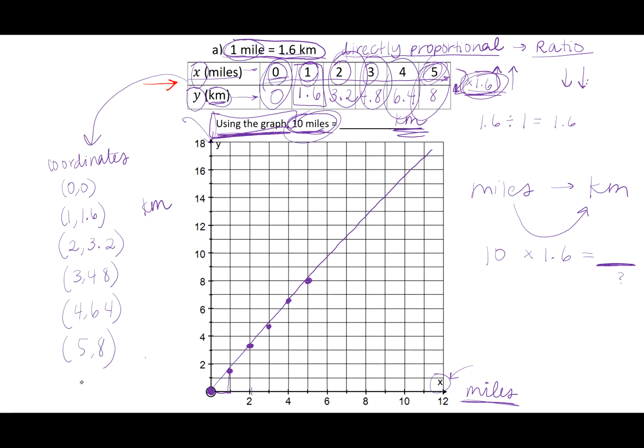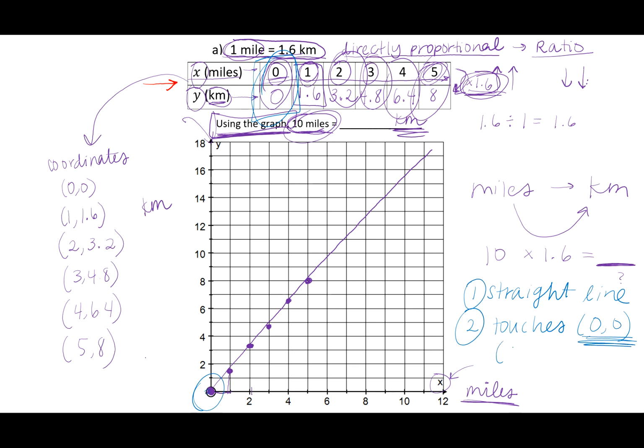So let's write that down. Number 1, straight line. And the other thing is that it will always go through the point 0, 0. It touches 0, 0. And if you think about it, that makes sense, right? If we travel 0 miles, we travel 0 kilometers also. So we should always go through the origin, is what we call that point.